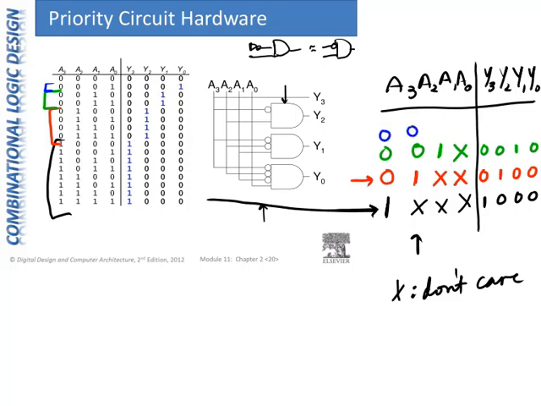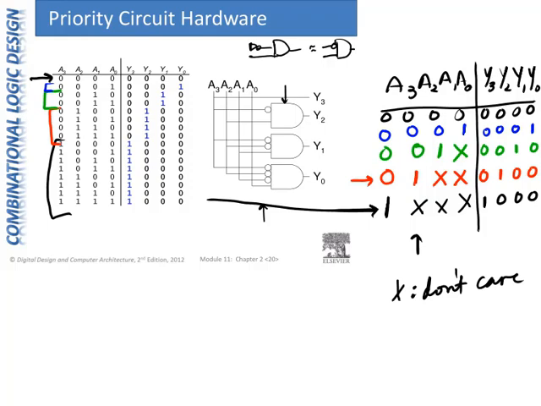If nobody else requests it except A0, A0 gets the requested item, in our example before, the room. And the top row, when nobody makes a request, nobody gets the room, also moves over to this truth table.